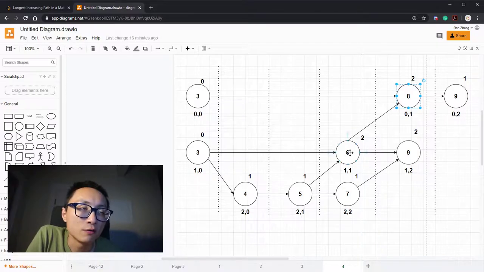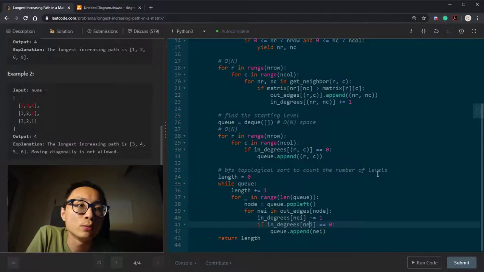That means it's the right time to put this node onto the queue. So that's this statement here. So after every level, we increment the length count by 1. So in the end, this length should be the maximum length.